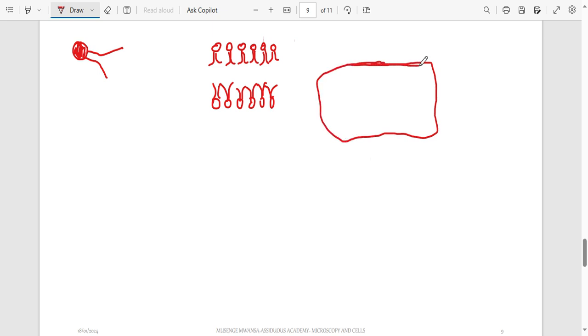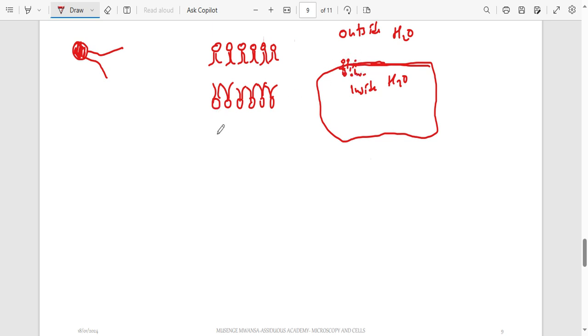If this is the cell membrane, you are going to have the heads inside and then the tails outside like that. Some heads will be pointed outside and then the tails inside. So the heads are exposed to the outside of the cell because the outside of the cell has got water. The heads are also exposed to the inside of the cell because remember inside we said you have got a cytosol which has got water. But the tails, these are in between.